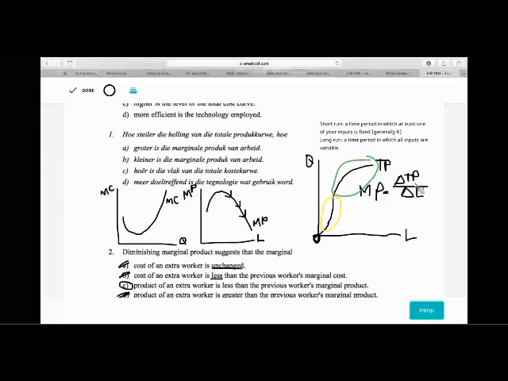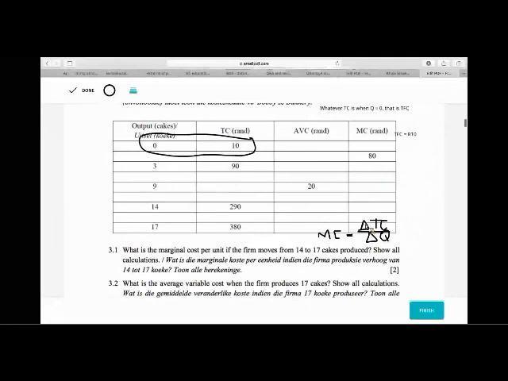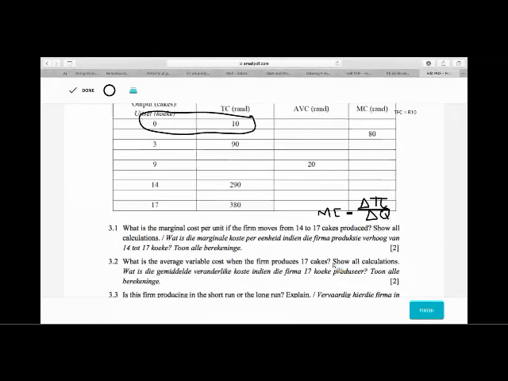So if we give you a total product function, you take the derivative, you get marginal product. If I give you a total cost function, you take the derivative, you get marginal cost. If I give you a total utility function, you take the derivative, you get marginal utility. All marginal values are seen as change over change, which is a slope. And a derivative is basically calculating the slope of a function. So this is the formula for marginal cost.